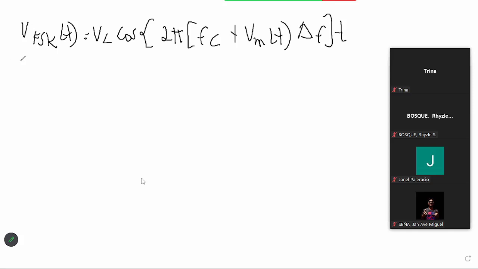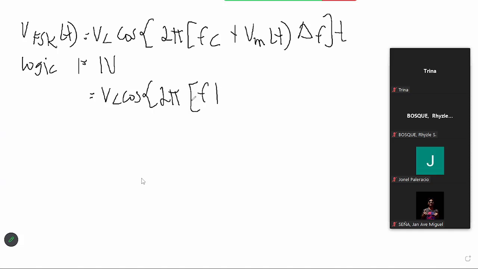Remember, when we're dealing with logic 1, that is with the amplitude of 1 volt, this will just be equal to Vc cosine 2 pi (fc plus delta f, the frequency shift deviation) t.